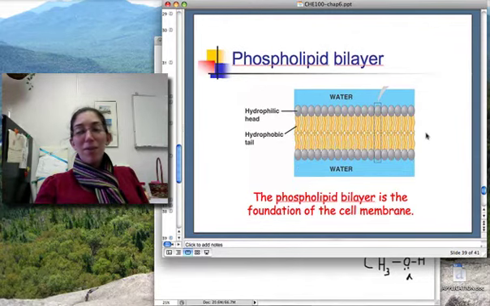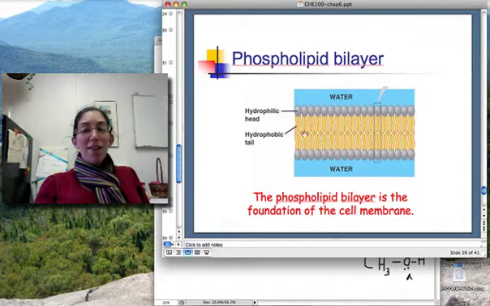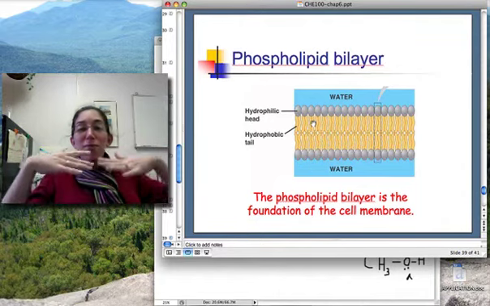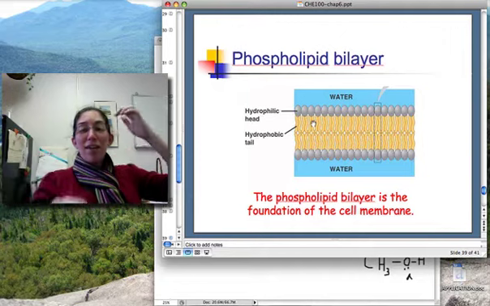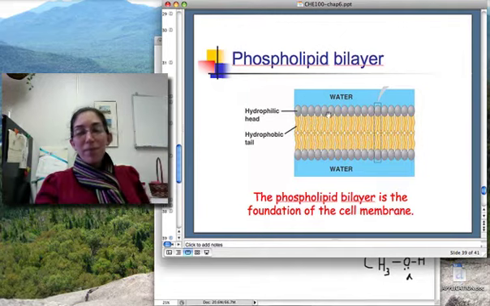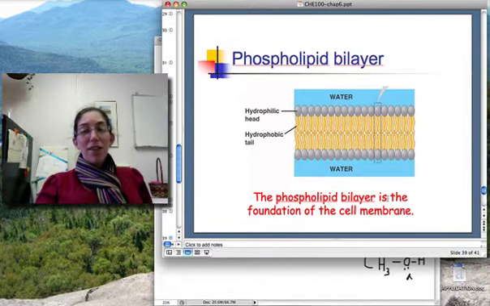So the phospholipid bilayer is set up so that all of the hydrophilic head groups outline the cell, and then the hydrophobic tail groups face each other and interact with each other that way. This phospholipid bilayer also is very important in regulating things that can go inside and outside of the cell.